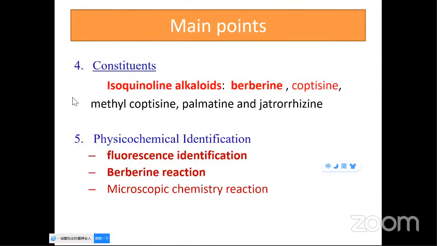Because of time constraints, we will not introduce Coptis in detail.